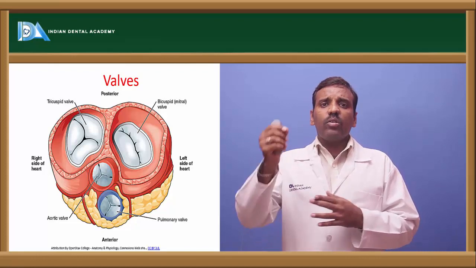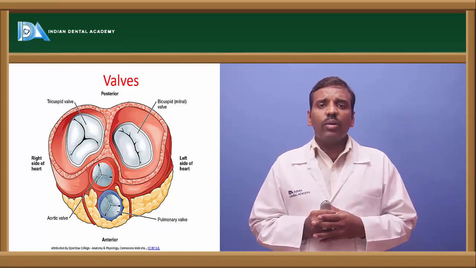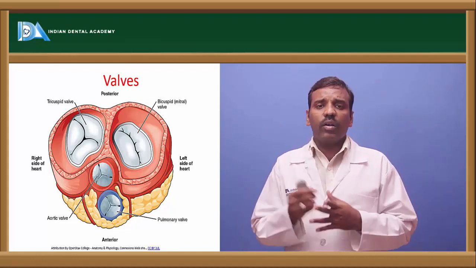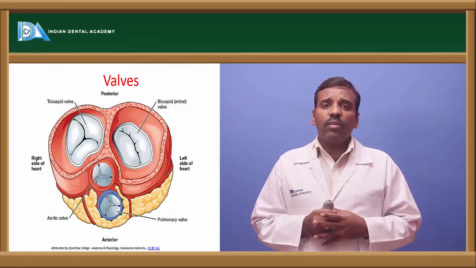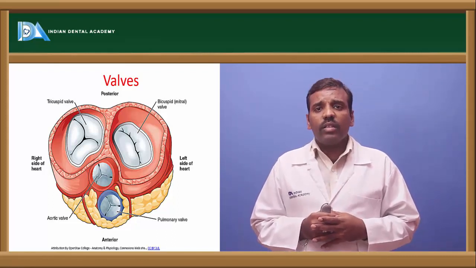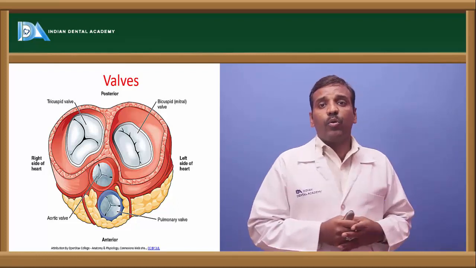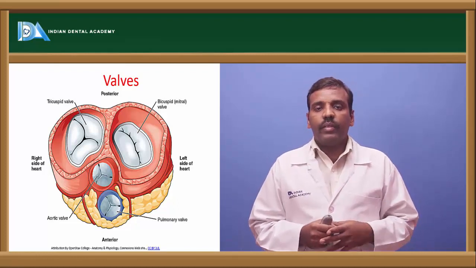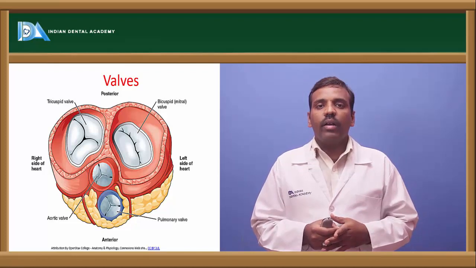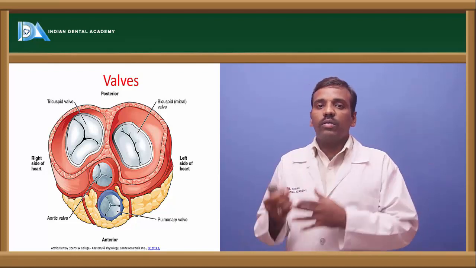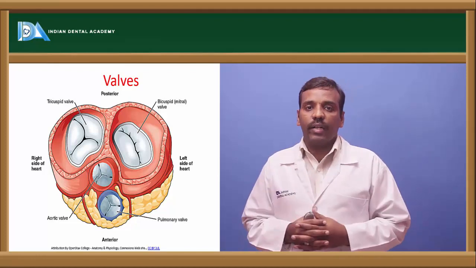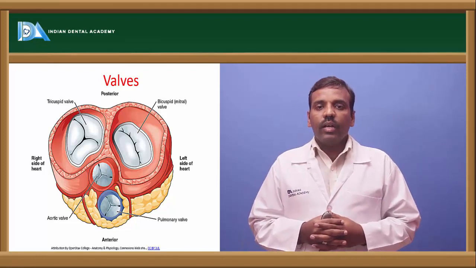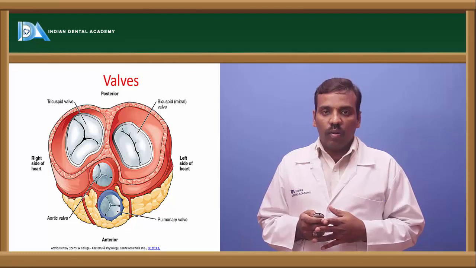The aortic valve is connected to the aorta, which sends the blood to the organs, pumping blood to the different systems, and the pulmonary valve sends the blood to the lungs, impure blood it is. There is a purification of the blood, and it comes through the pulmonary circulation into the left atrium, and that is what the valves are.